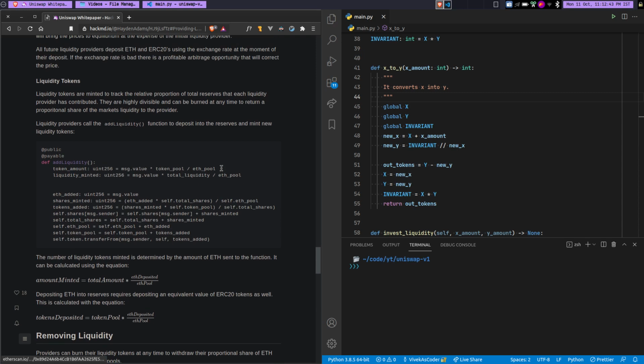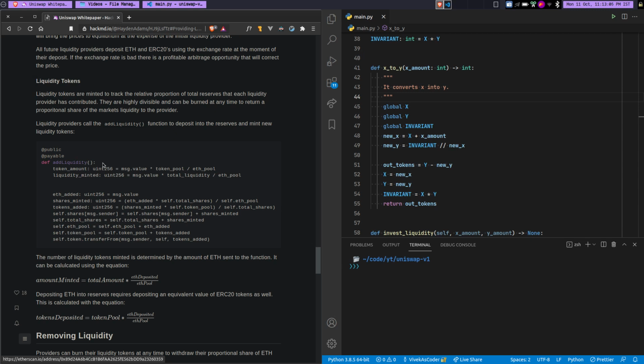All right, so the first thing is adding liquidity. What does this mean? When you want to allow other people to add liquidity to your pool, adding liquidity means adding more tokens or ETH into the pool. There's a process in which we allow users to do it. We don't take any argument in these functions.